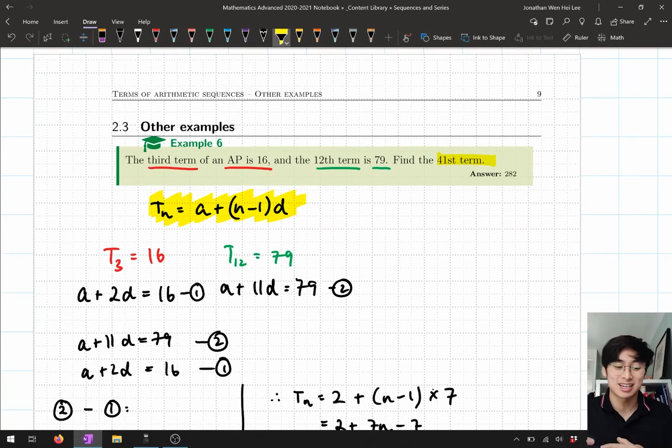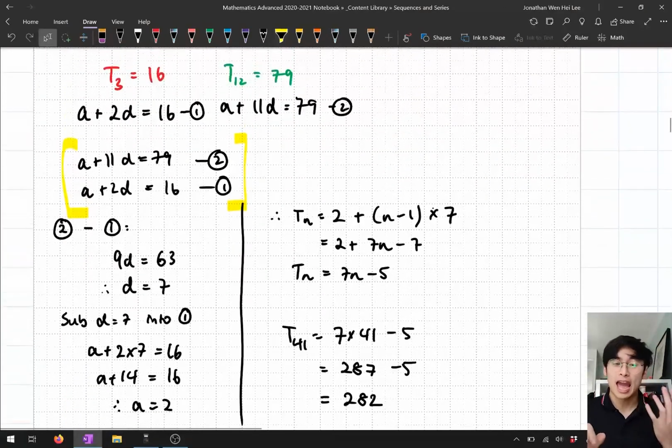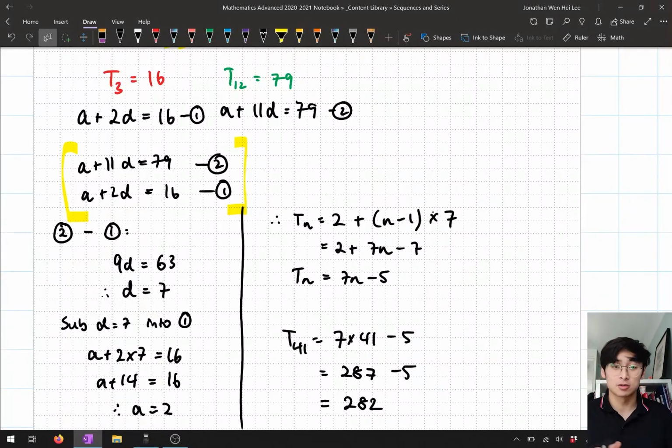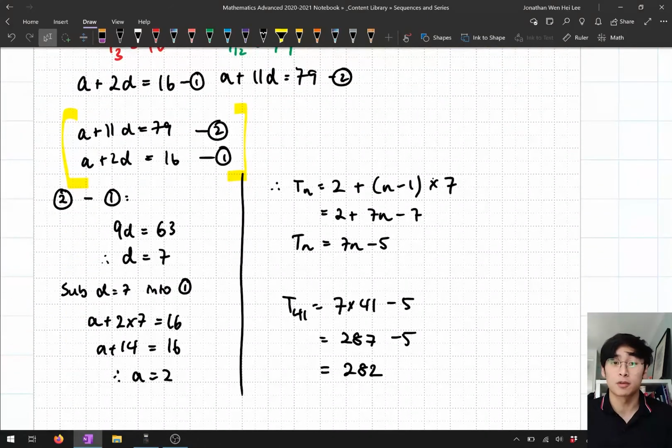The third term is 16 and my 12th term is 79. And using that, we formed 2 simultaneous equations, which can then be used to figure out what a and d are, and using that, I can sub that into my nth term formula and figure out what the 41st term was from there.